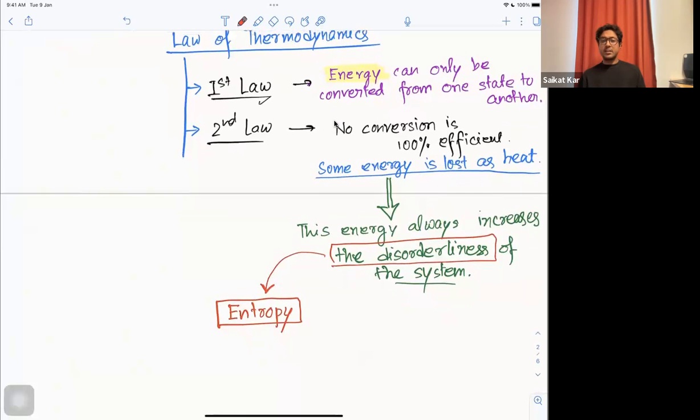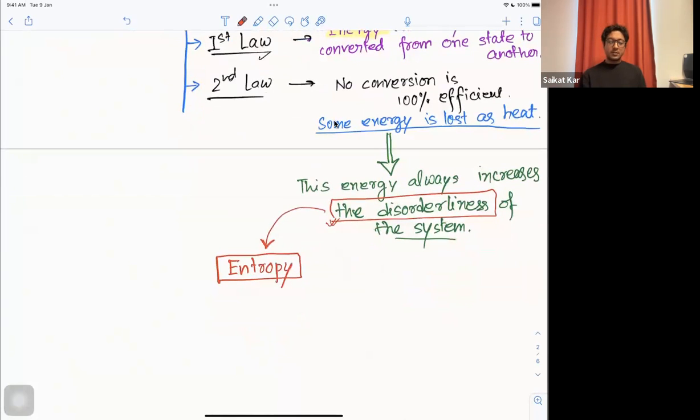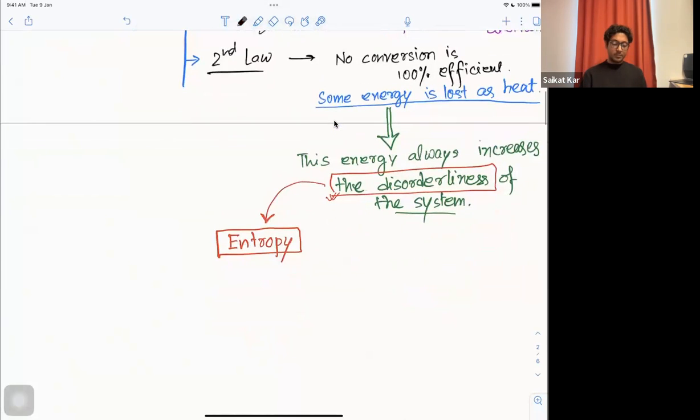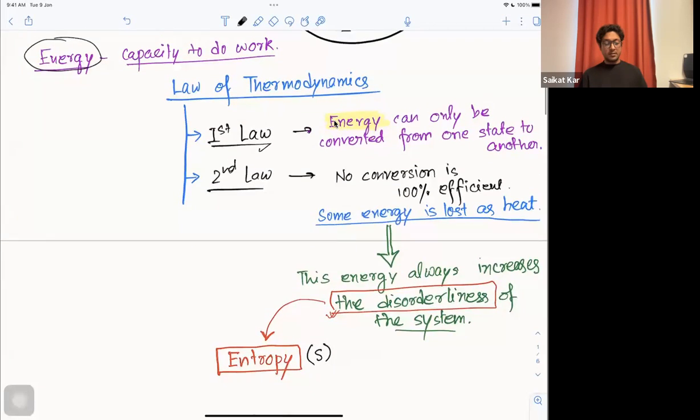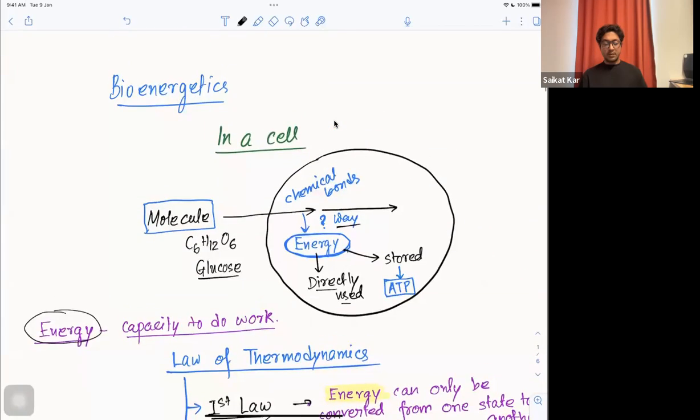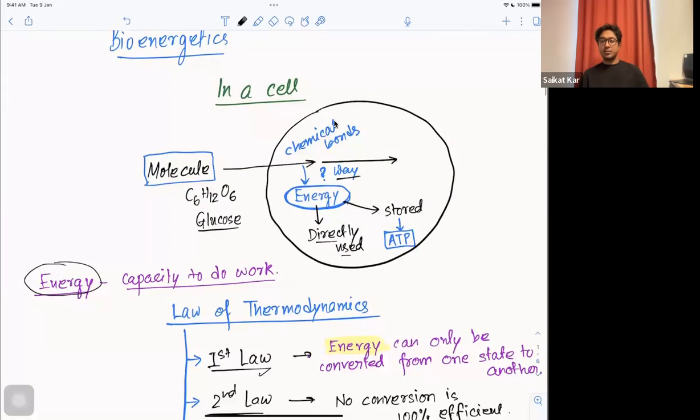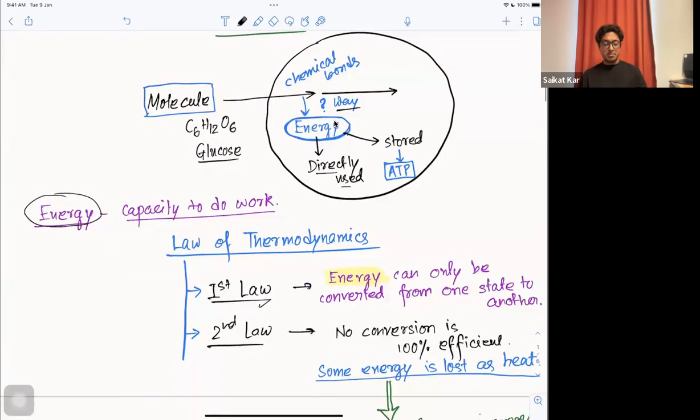That means according to the second law, the disorderness of the universe or of a system always increases, and this is natural. You'll find all this explanation in your chemistry class, but I'm just scanning through the basics, through which we can directly come into biology.